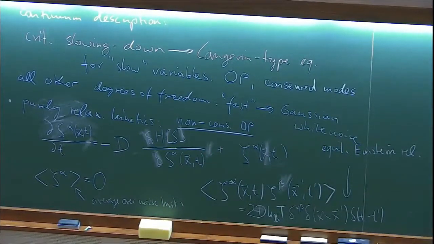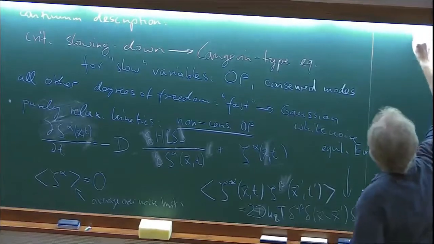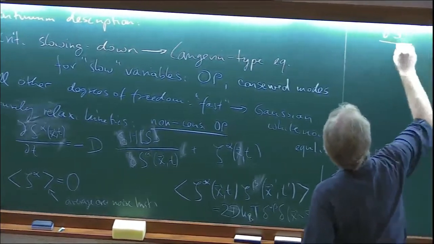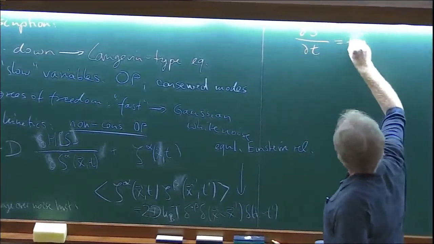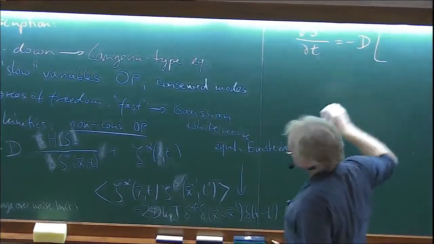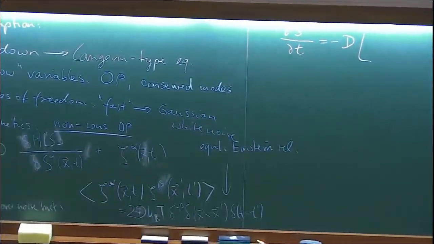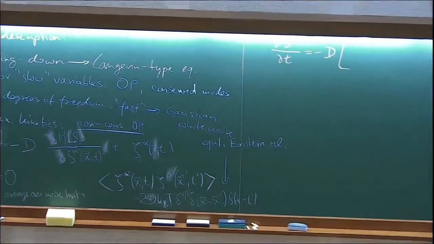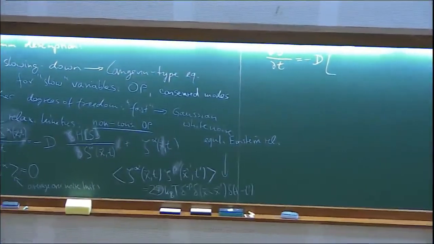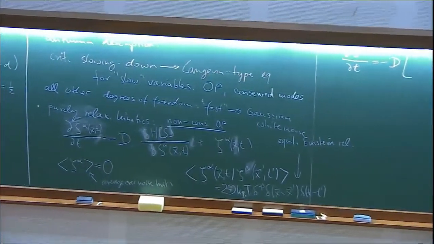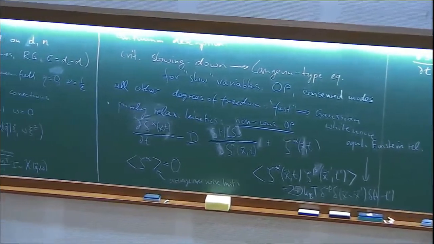Let me write this down explicitly. We're going to need this later. If I do the functional derivative explicitly with the Ginzburg-Landau-Wilson Hamiltonian here, so I need to do dH by ds, this gives me a tau s. This gives me a u over 3 factorial, because there's a 4 here, s cubed, or s squared s, minus h.